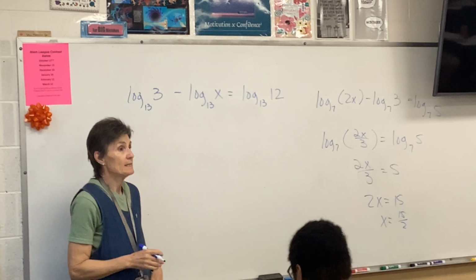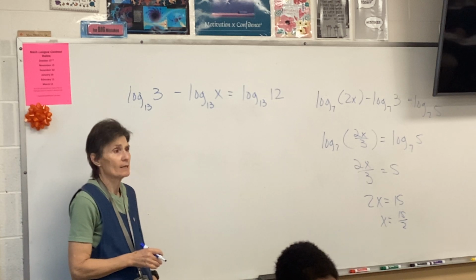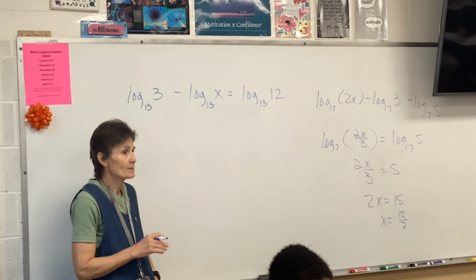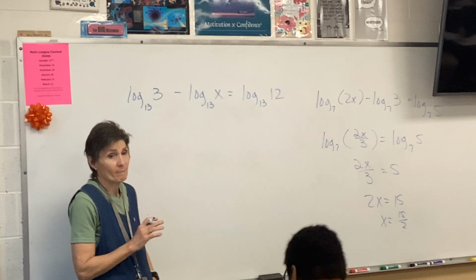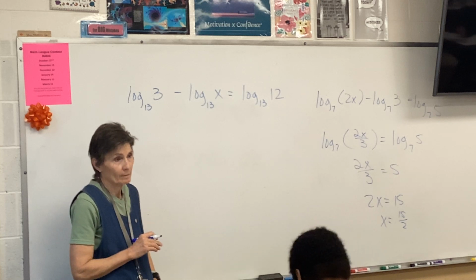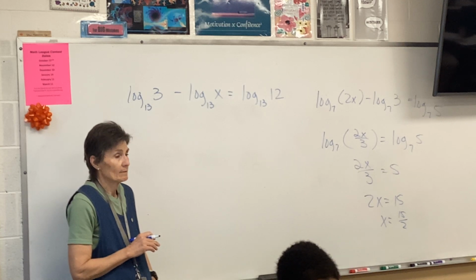This one's base 13. The base makes no difference. As long as they all match, we don't care what they are. And I promise they're always going to match for you. You don't have to worry about that.